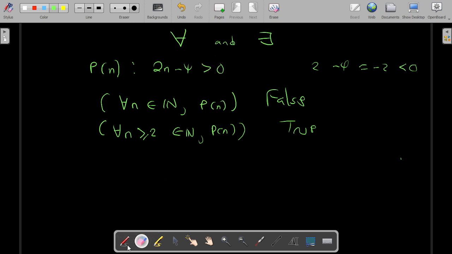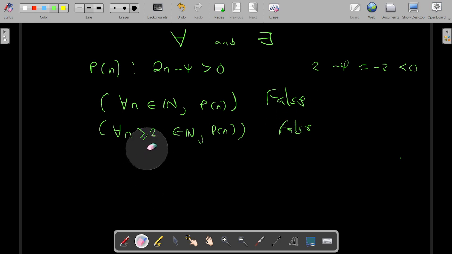Because here we have that this has to be strictly greater than 0. When we take 2 as our option, we'll have 0. And 0 is not strictly greater than 0. 0 is equal to 0. So we don't have that strict inequality. So this is going to be false as well.